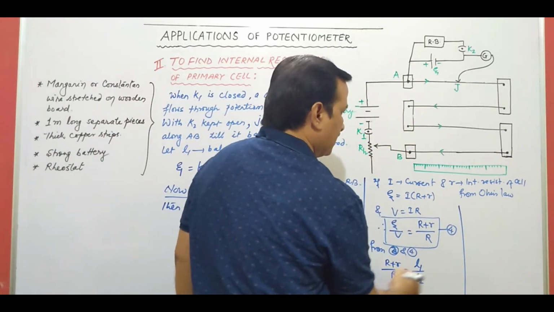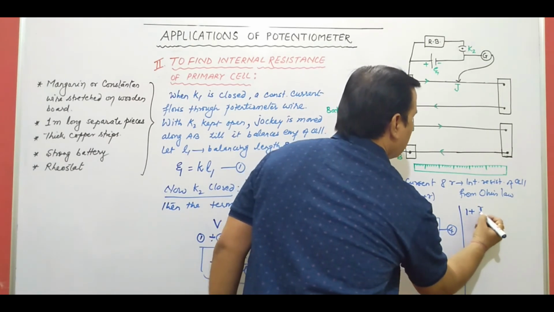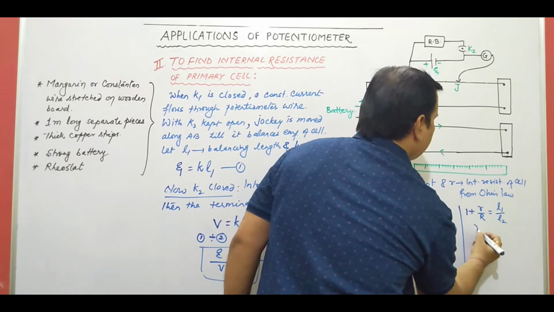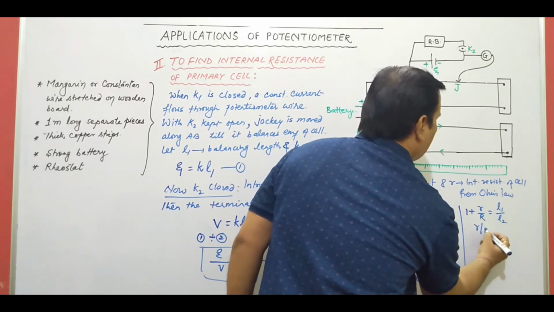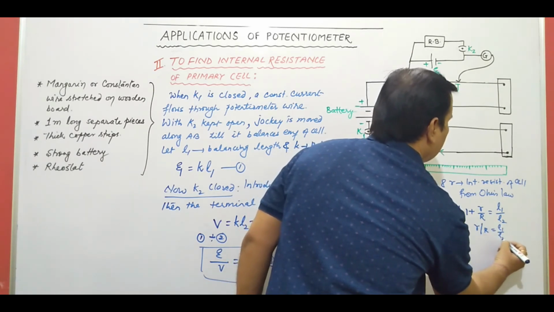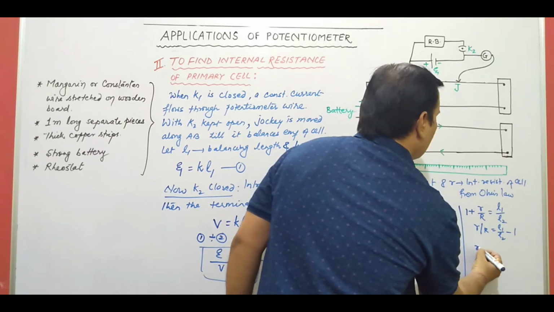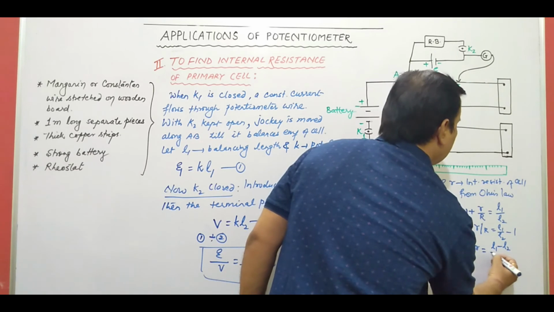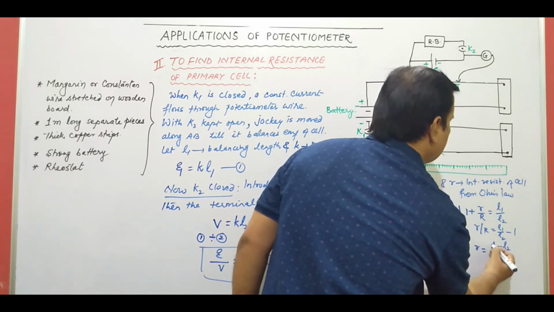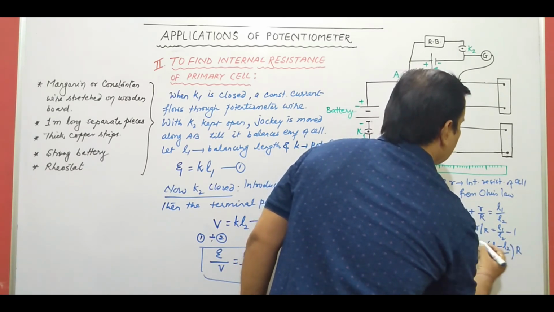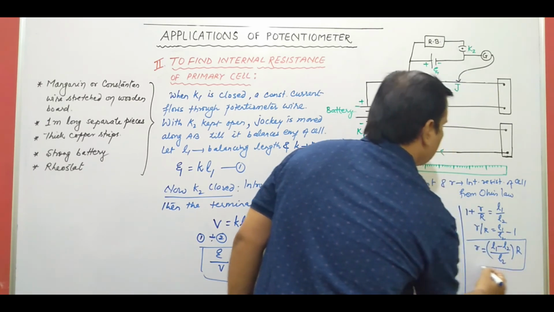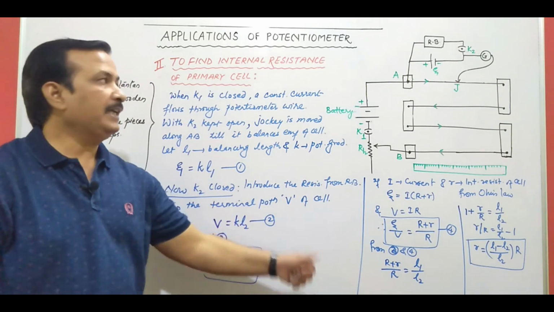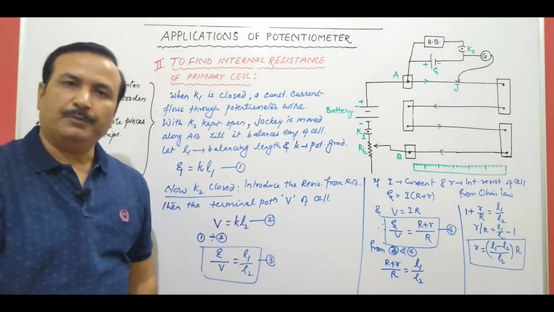This will be 1 plus r upon R equal to L1 upon L2. So r upon R equal to L1 upon L2 minus 1. So r is equal to R(L1 minus L2) upon L2 after taking the LCM, and this is r. This is the expression for the internal resistance of the primary cell.